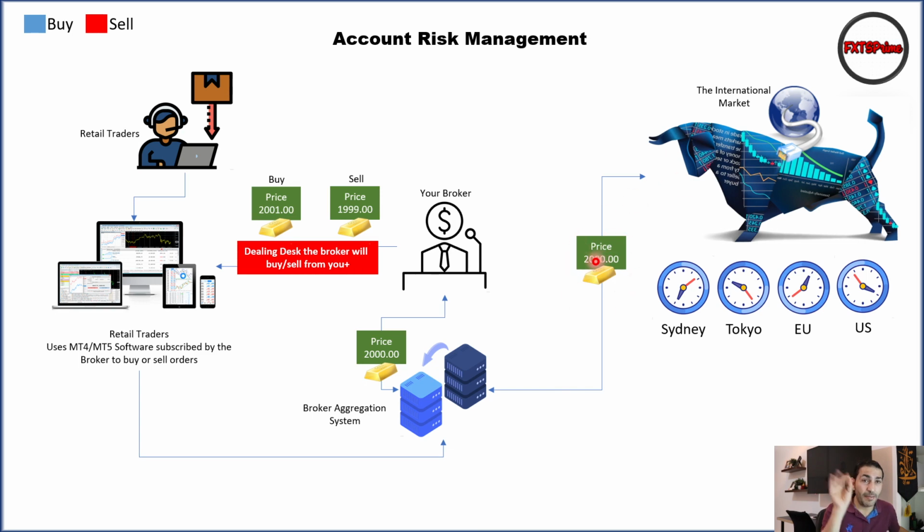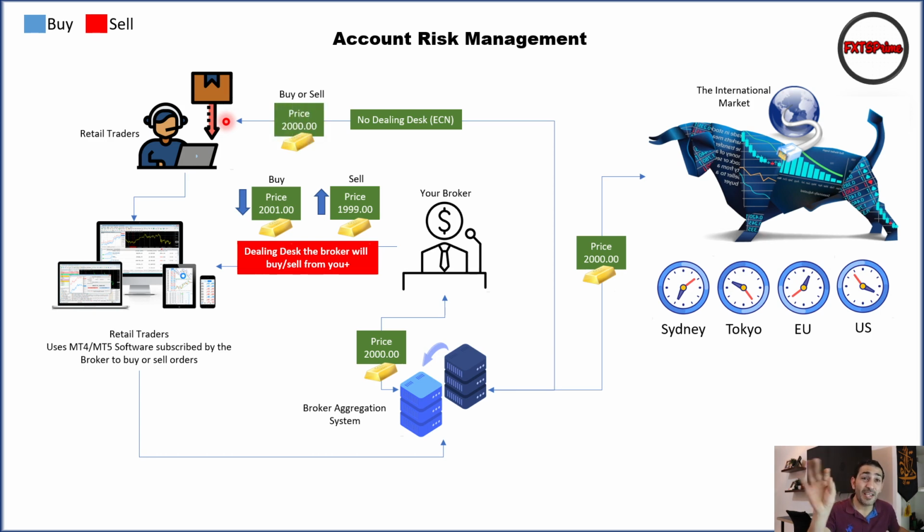So it selects the best price and directly gives the price to you. So it is $2,000 here. The aggregation system will get that $2,000 and give you the order at the same price, and that price will be the same whether it's buy or sell. So the market has a $2,000 price, and the aggregation system will straight away give you that order.